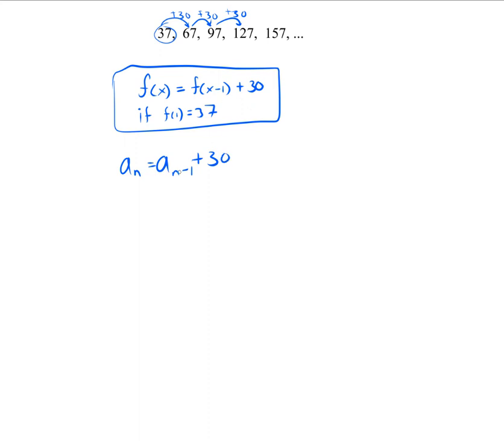You'll see the same x minus 1 or n minus 1 or whatever, right? It just looks a little bit different. And this is true for the instance where a sub 1 is equal to 37, and only that instance. If you try and make it a different number, it'll actually change your sequence.